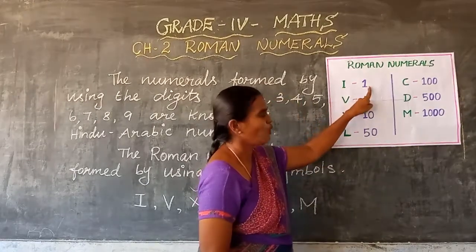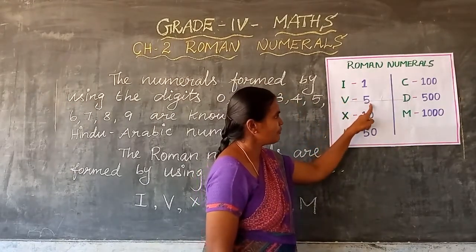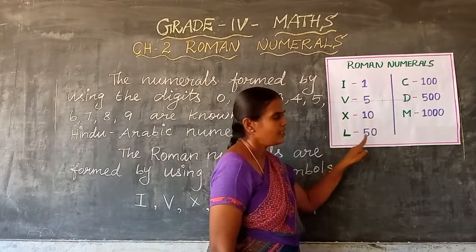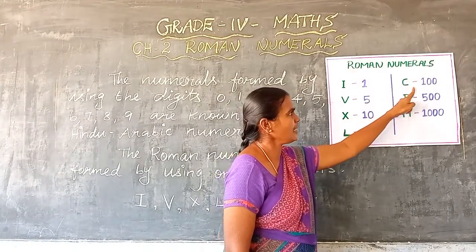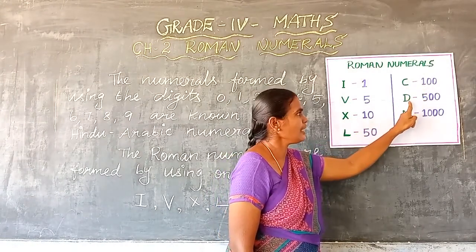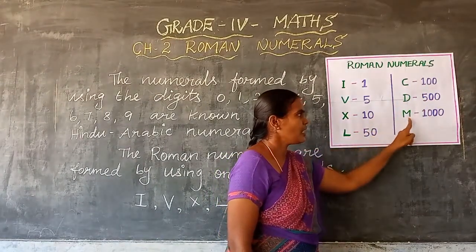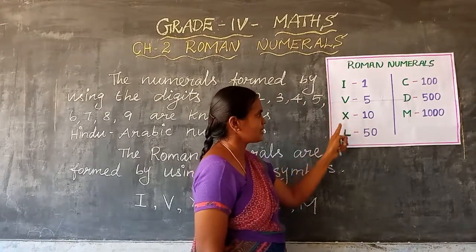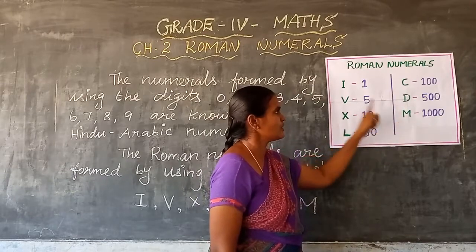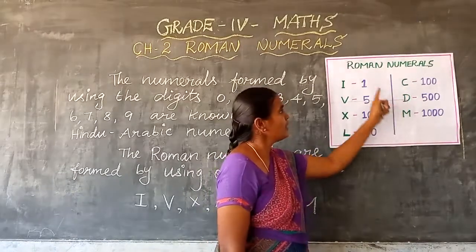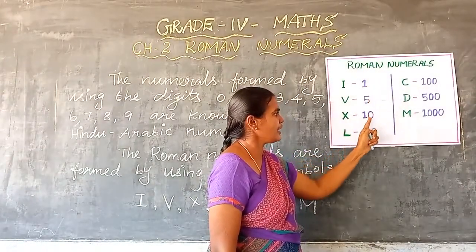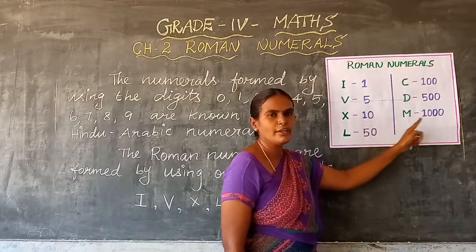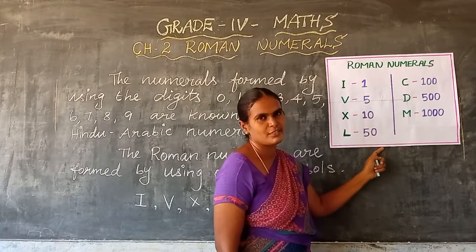So I, 1, V, 5, X, 10, L, 50, C, 100, D, 500, M, 1000. This is Roman numerals; 1, 5, 10, 50, 100, 500, 1000 are Hindu-Arabic numerals.